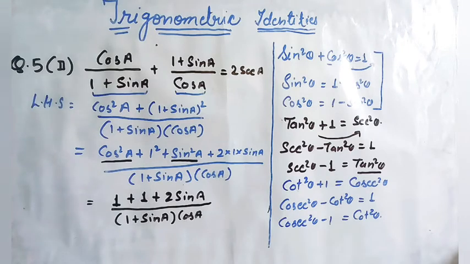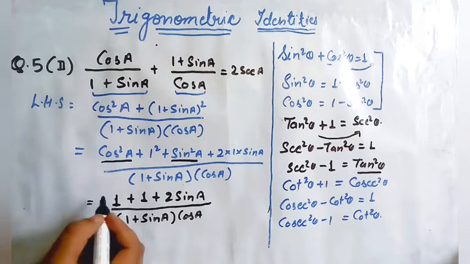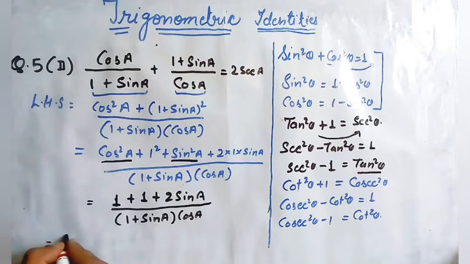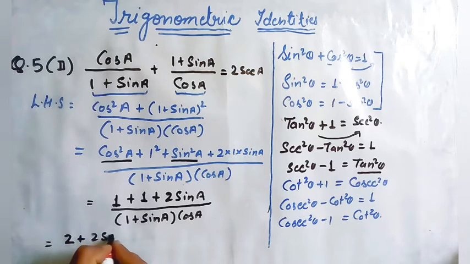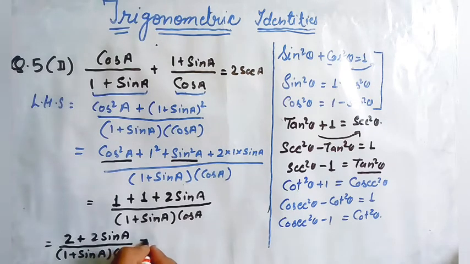Now we know that in the numerator we have 1 plus 1 which is equal to 2, plus 2 sin A as it is, whole upon 1 plus sin A, multiplied by cos A. Now 2 is common in the numerator.